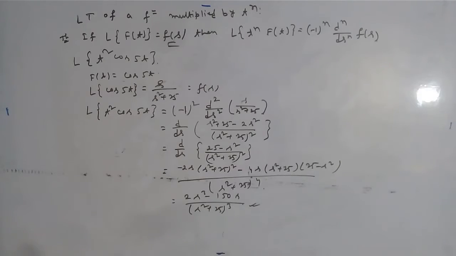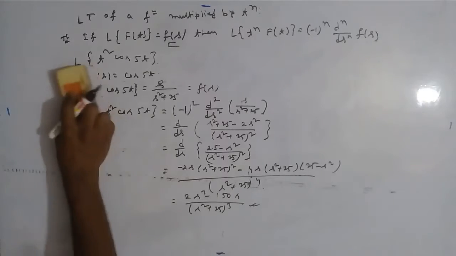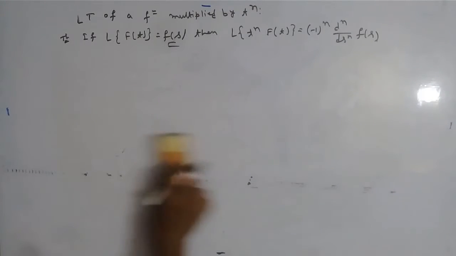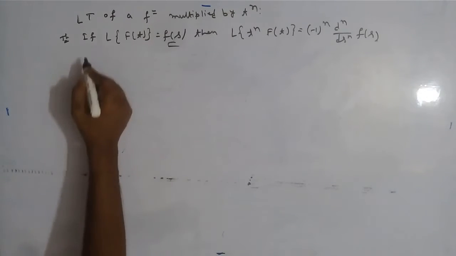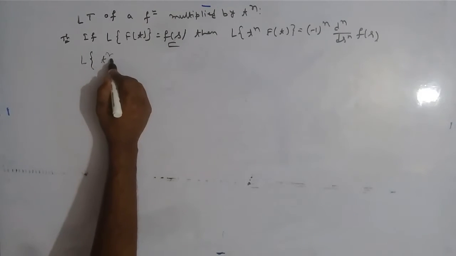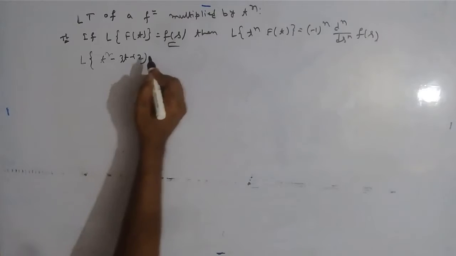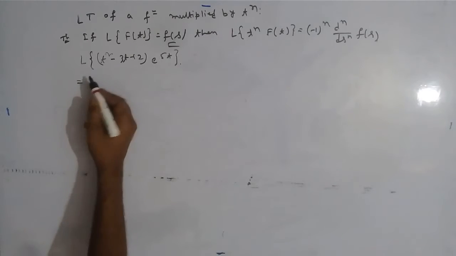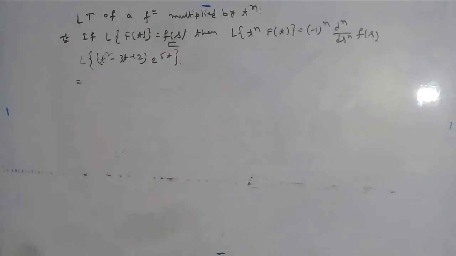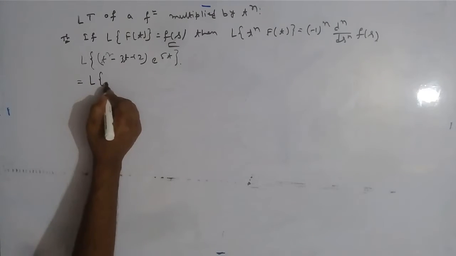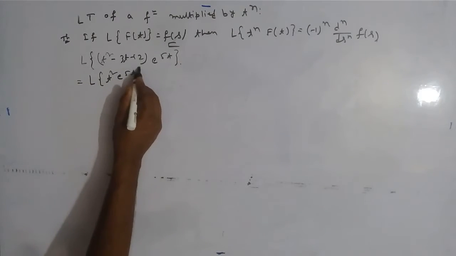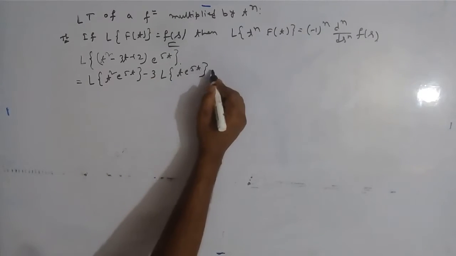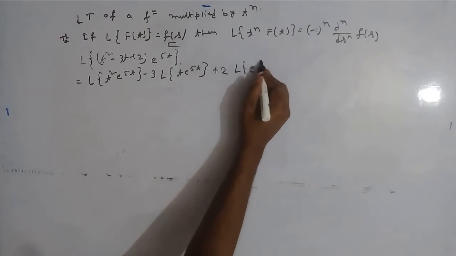Now I'll take another example of this property. We have to find L of (t square minus 3t plus 2) e to the power 5t. Here, first we apply the linear property of Laplace transform, so we can write L of t square e to the power 5t minus 3 L of t e to the power 5t plus 2 L of e to the power 5t.